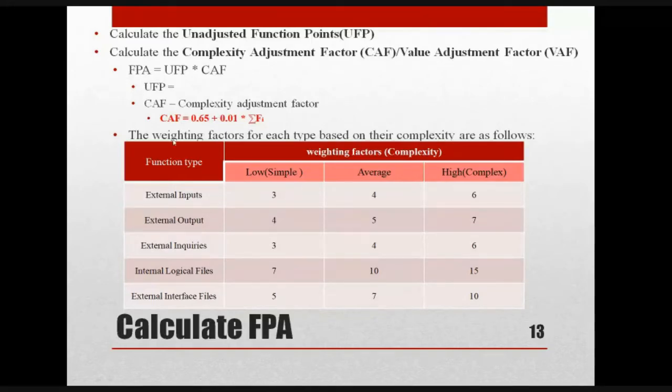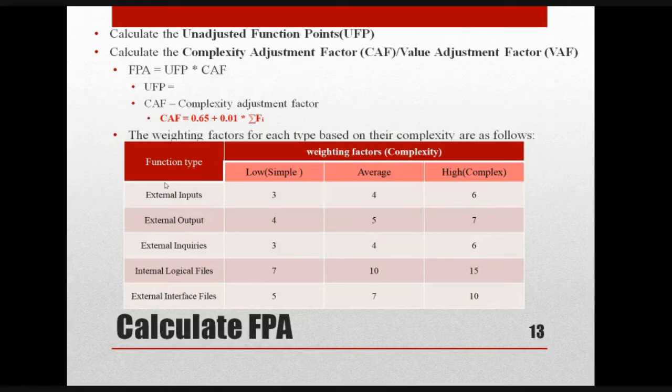Okay. So now let us see this particular point. I told you 5 principles. What are those? External inputs, external outputs, external inquiries, internal logical files, and external interface files. These are the function types. Because in a project, you need to have an input.